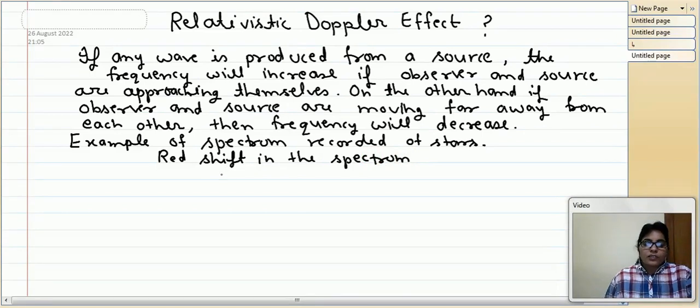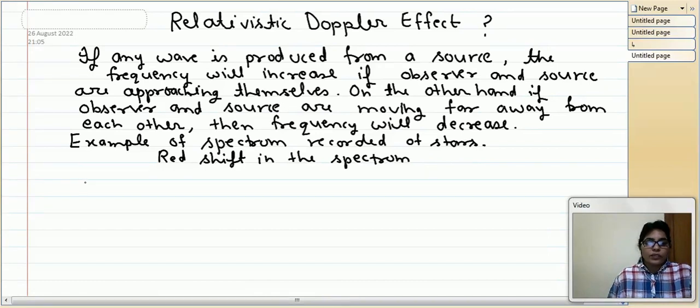Red shift means the wavelength is going towards the red color, that is red color has more wavelength, so red shift means wavelength is increasing. So because stars are moving away from the earth, therefore the wavelength is increasing. So this is what is written here, that if the source and observer are moving far away from each other, then wavelength will increase. This is one example of the spectrum recorded for the stars.